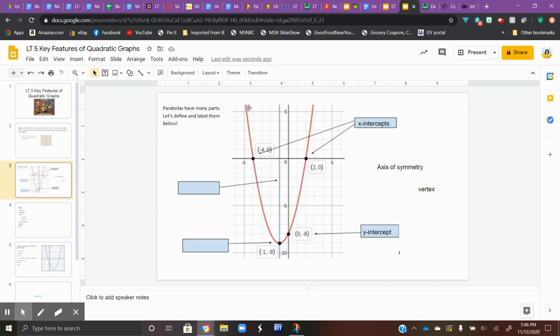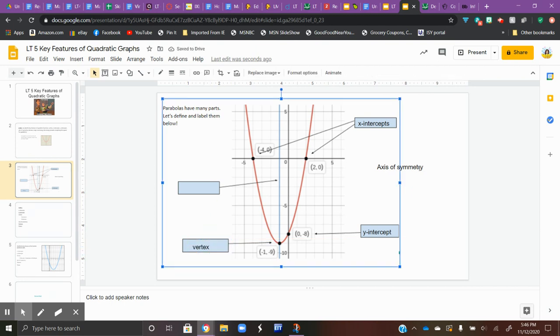The vertex is either the lowest point, which it would be on this graph, or if my graph is flipped the other way around, it would be the highest point. We refer to them as a minimum and a maximum, and we'll talk about that in a second. But this lowest point here, (-1, -9), that's our vertex.